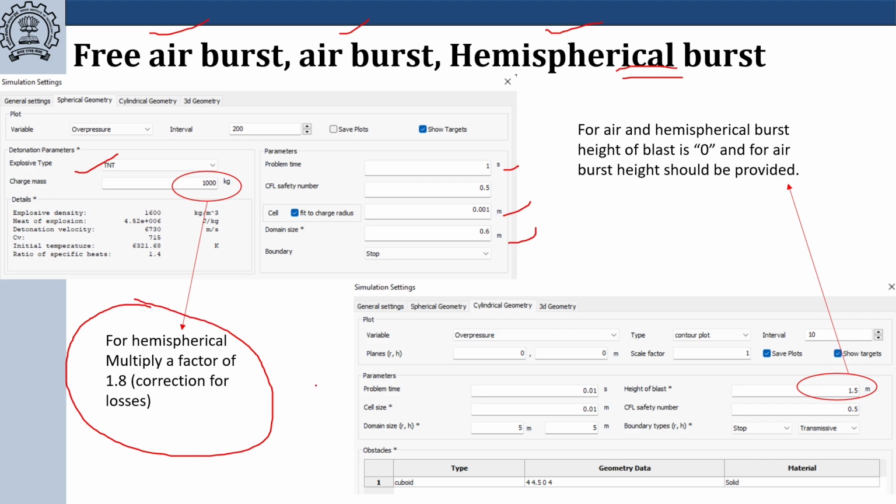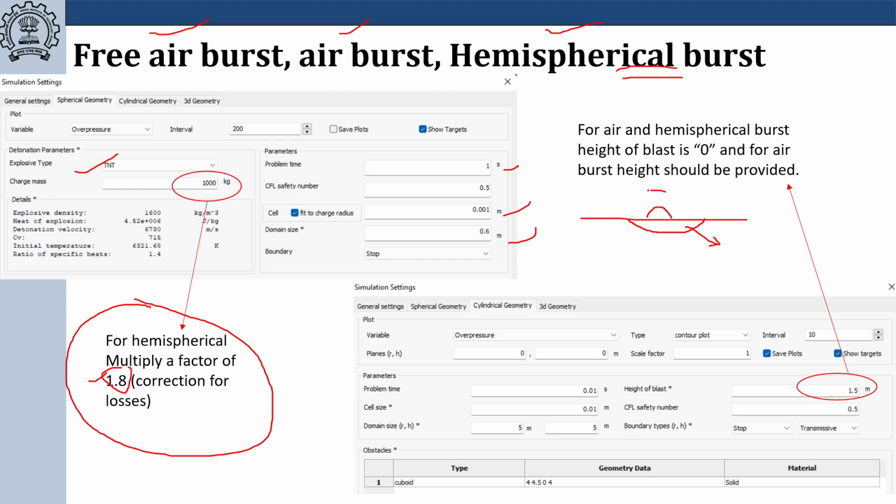So why 1.8? Any idea? Did sir discuss the factor 1.8 in hemispherical burst? Okay, I'll tell you why 1.8. When the explosion occurs on the ground, you cannot simulate the crater formation, and some amount of energy is lost due to the formation of a crater. So roughly they reduce the factor by 0.2.